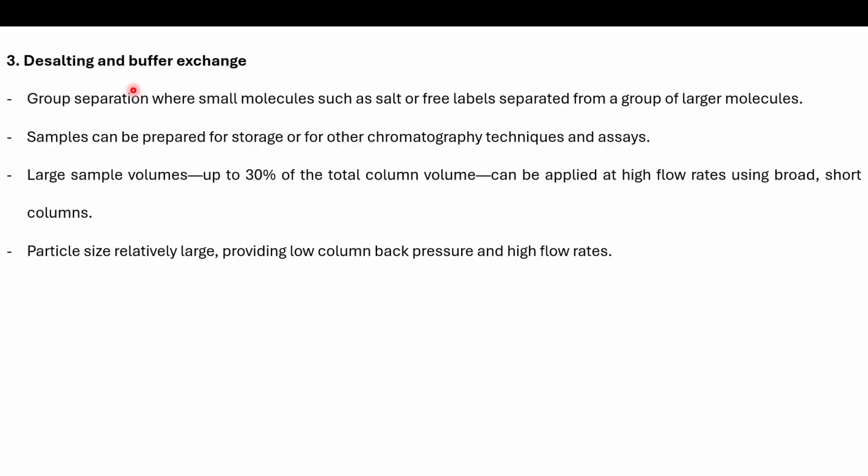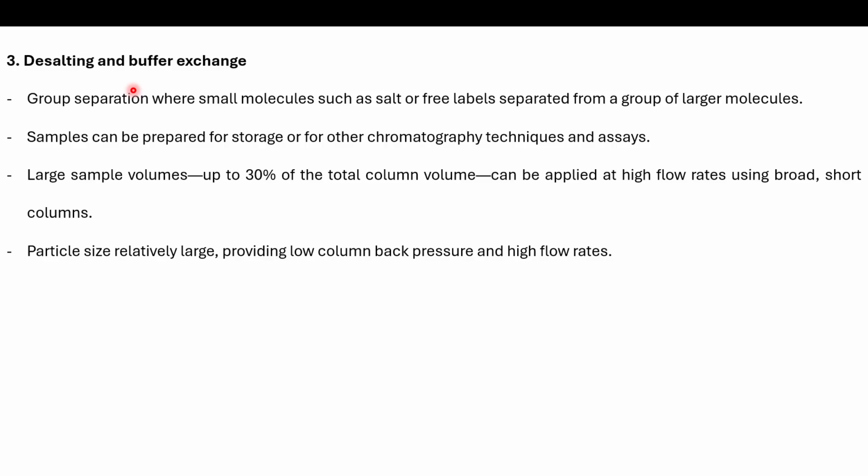Even when you load your sample, compared to the size of a molecule of salt, a molecule of protein, which is nicely folded, is way huger. So your protein will elute out faster, and later any small molecules will elute out, and hence there will be a nice separation.